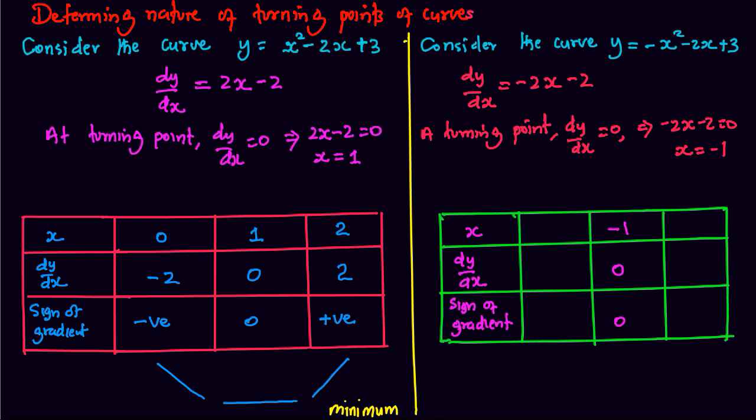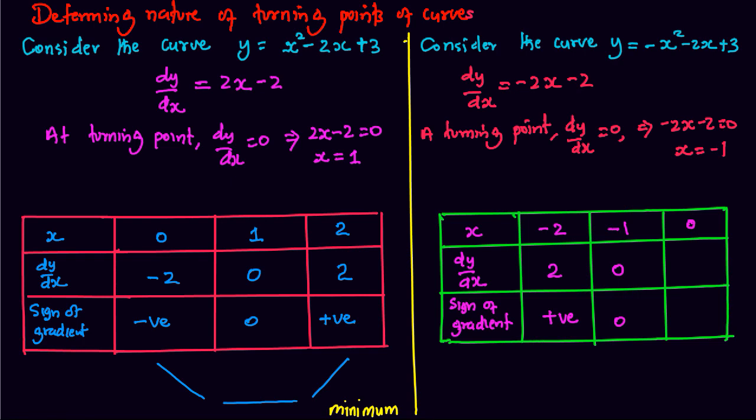To the left of the turning point, take negative 2. When x is negative 2, dy dx is positive 2. So the sign of the gradient is positive. To the right of negative 1, take the point 0.